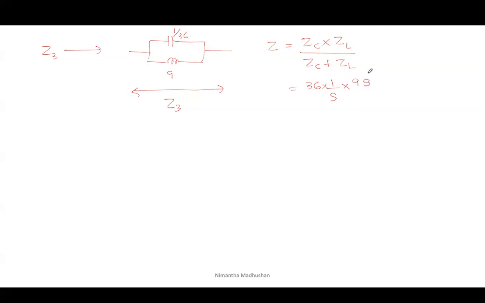This is the impedance of the inductor and this is the impedance of the capacitor, over 36 multiplied by 1 over S plus 9S.